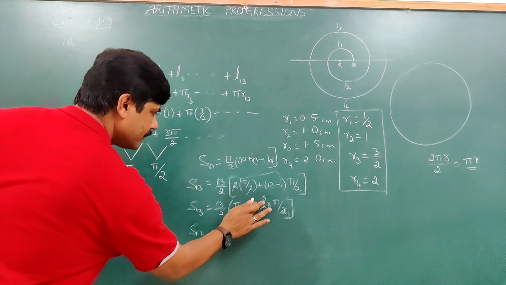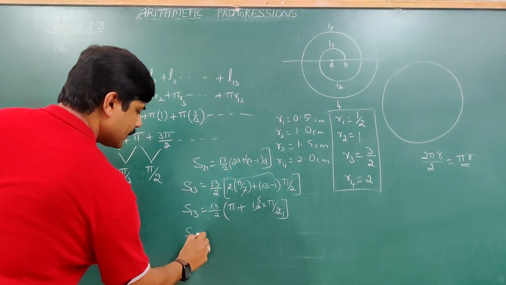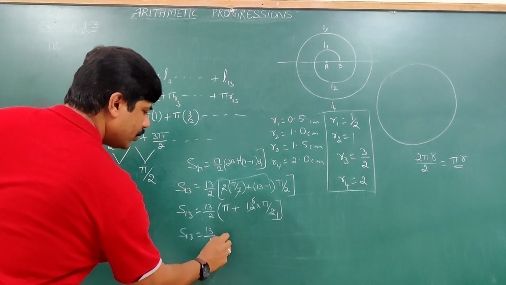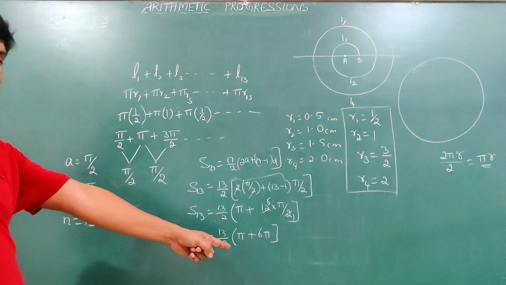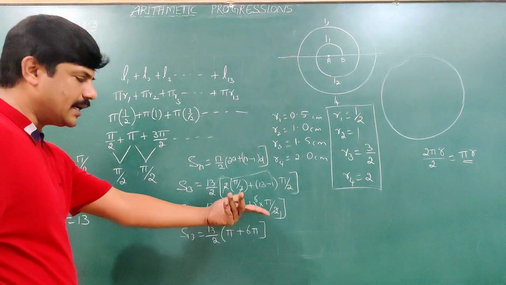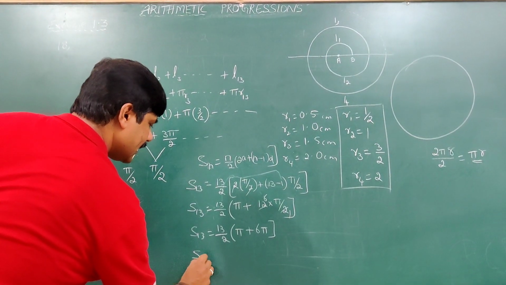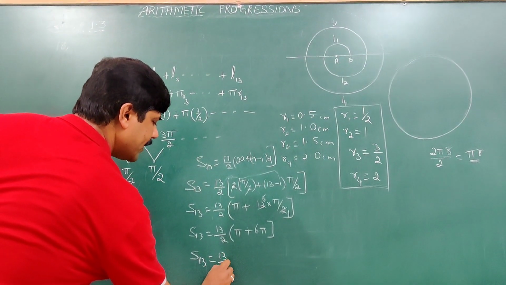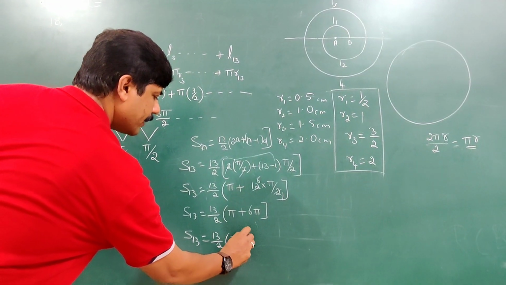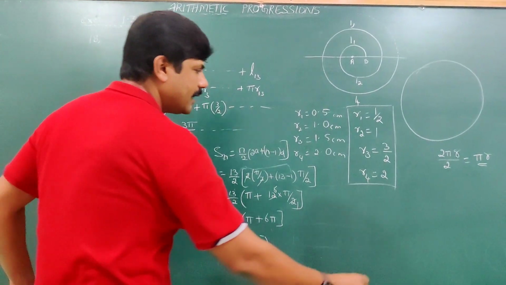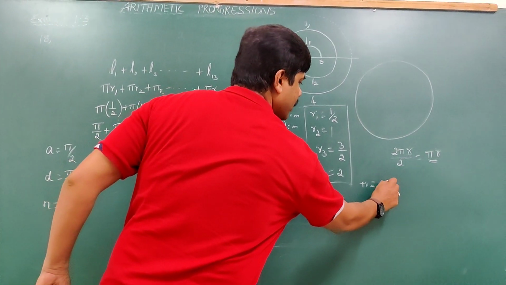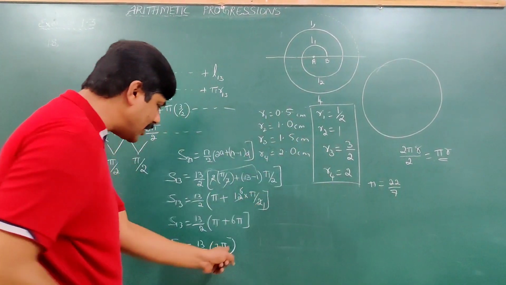So S13 equals 13 by 2 pi plus 6 pi. In total how many pi's are there? 1 pi plus 6 pi is 7 pi. So S13 equals 13 by 2 into 7 pi. What is the pi value? It is given that pi is nothing but 22 by 7. Substitute this pi value here.